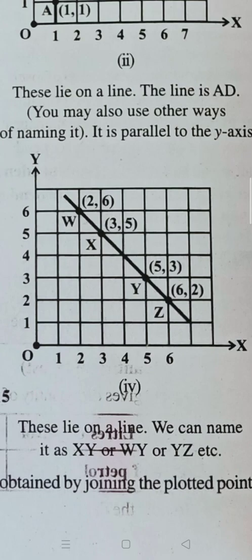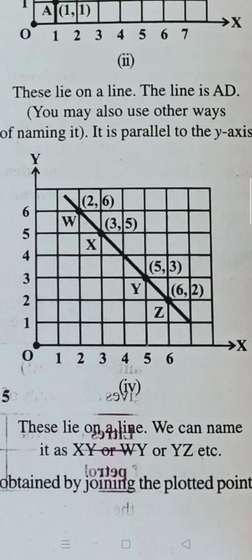As I have said, the x-axis you will write first and then you will write the y-axis. Clear? Same way, find the coordinates of point Y. So where is point Y situated? On the x-axis, if you touch, it is going on 5, and on the y-axis it is going on 3. So your coordinates will be 5 comma 3. Getting it, children?